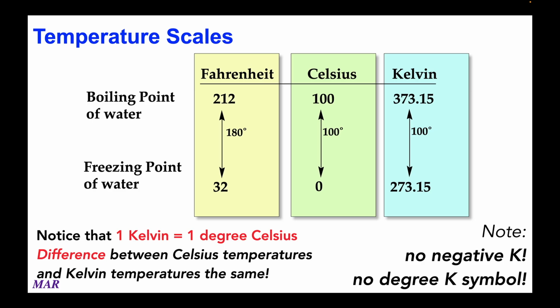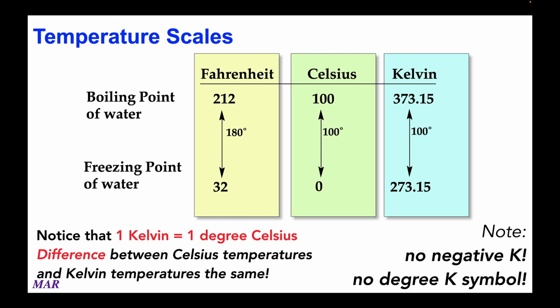Why we want to stay away from Fahrenheit is because here's a comparison of the 3 scales. Celsius and Kelvin on the right and Fahrenheit on the left. And notice the difference between the freezing point of water and the boiling point of water. Celsius and Kelvin both have it set up so that it's exactly 100 degrees, one of those powers of 10, which is super, super cool.